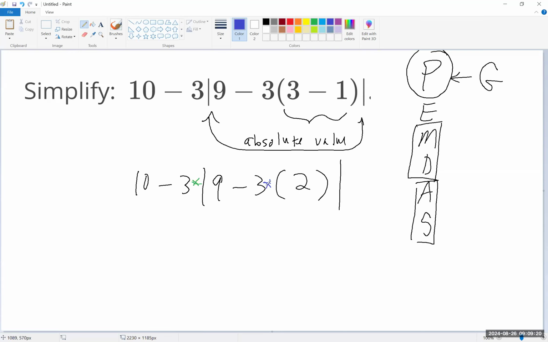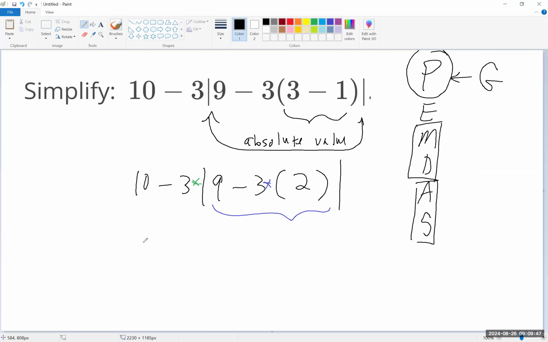So you start with the innermost, which might be confusing because I just told you to start from left to right on the multiplication division, but you have to start inside the parentheses, left to right. So the only multiplication inside the parentheses going from left to right is this one here.